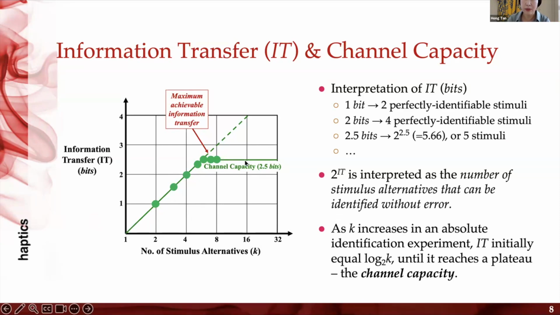If you vary any particular physical variable and you look at how well people can identify them, so this could be the pitch of a sound, this could be the intensity of a vibration, this could be the level of friction. If you vary any one of them, eventually people saturate. And this is called channel capacity.